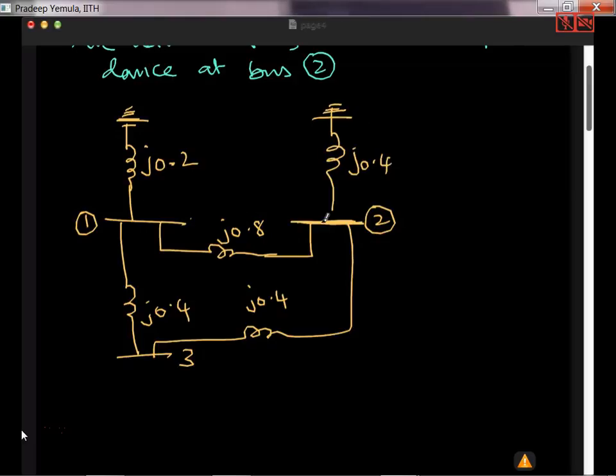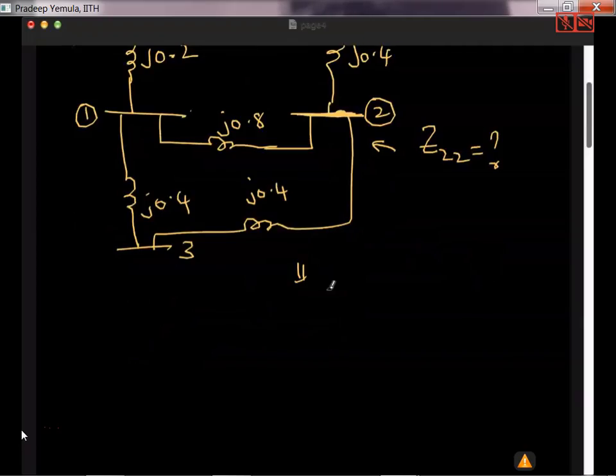So I want Z22. Taking this as reference, what is the impedance seen at bus 2 between 2 and the ground? These two are in series.